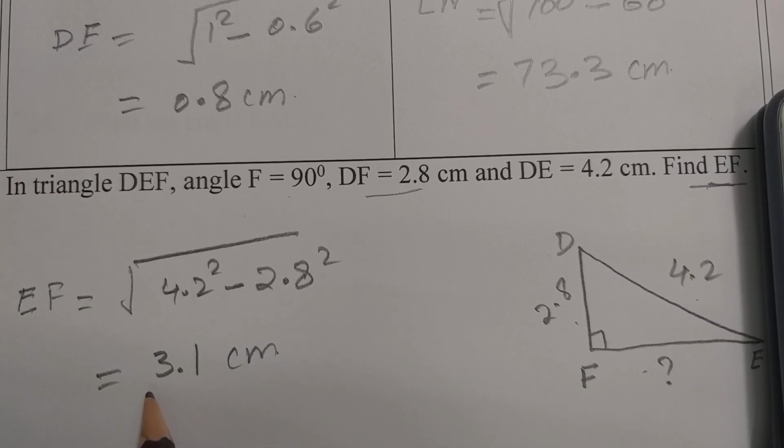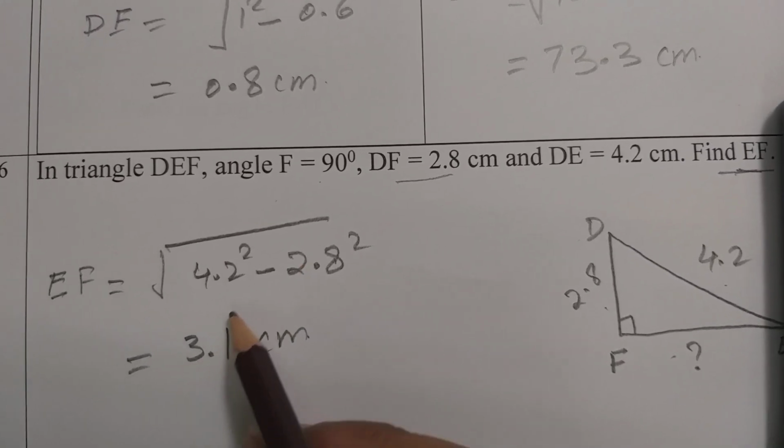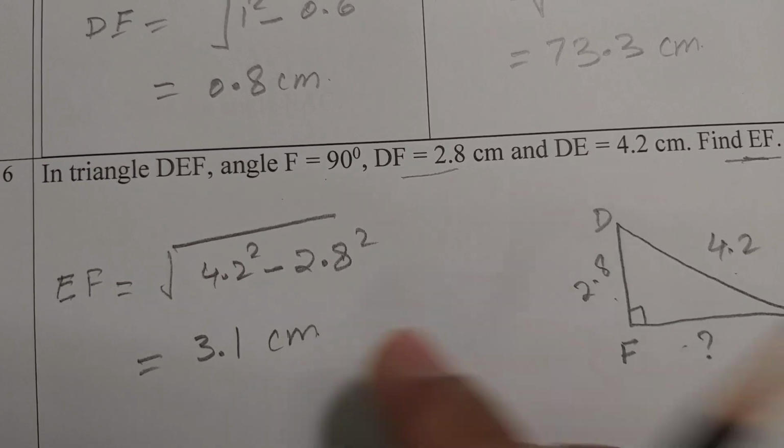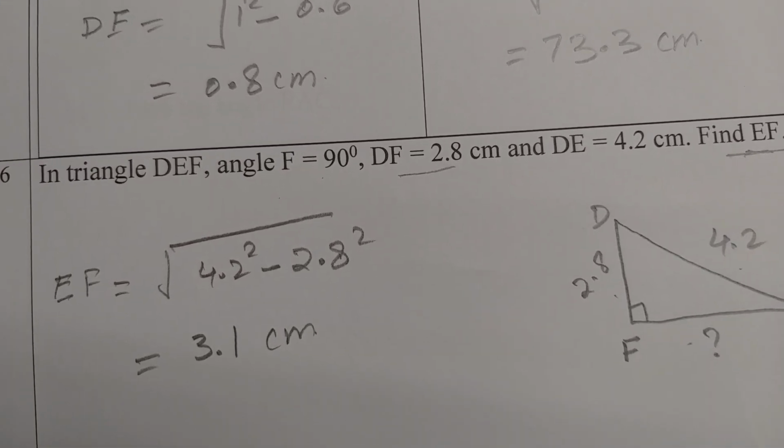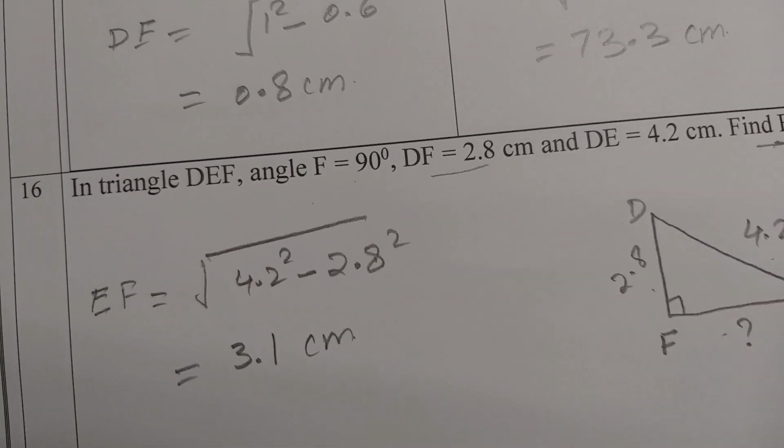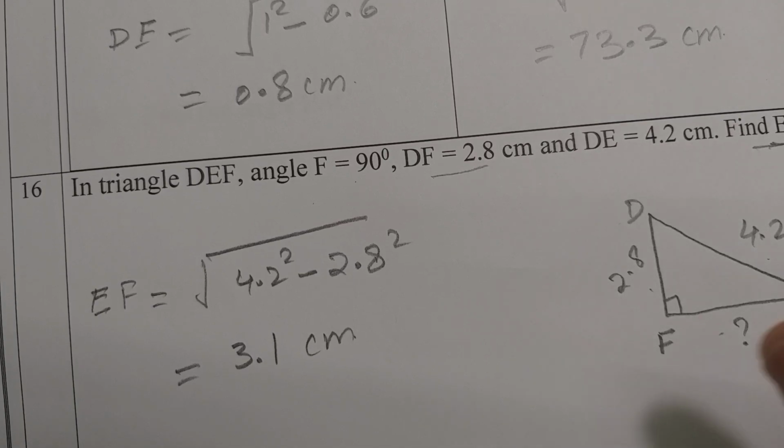It is 2 significant. If the question mentions 3 significant or one decimal place, you have to follow the instruction, whatever instruction is given there. So it is 3.1 answer.